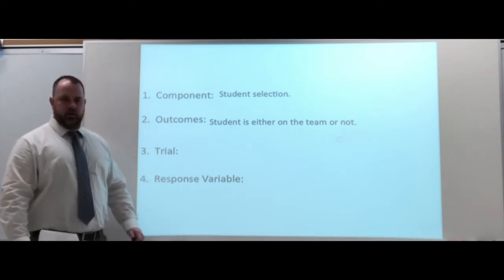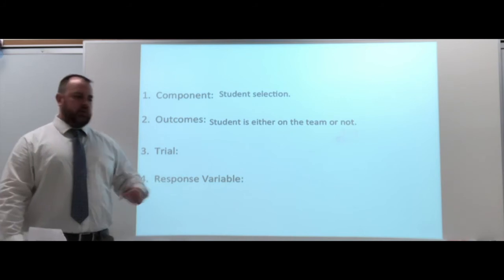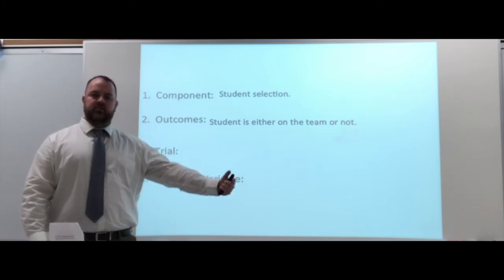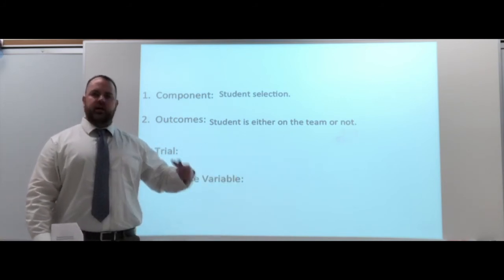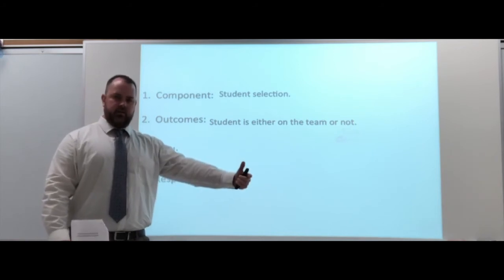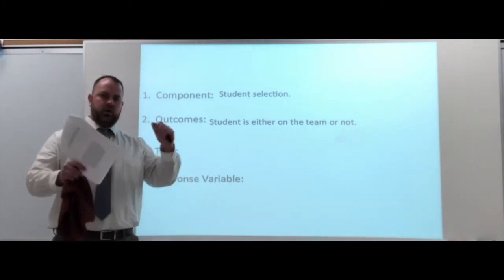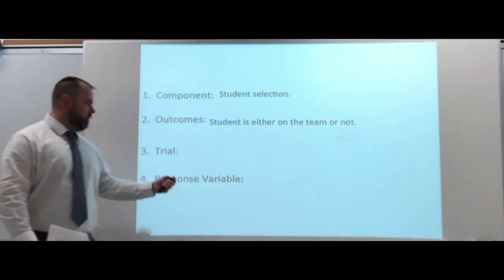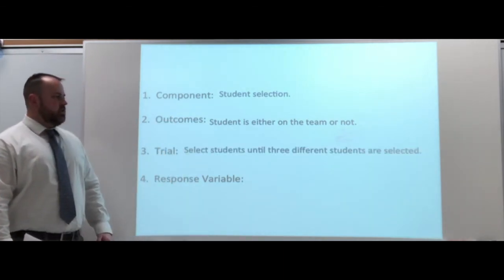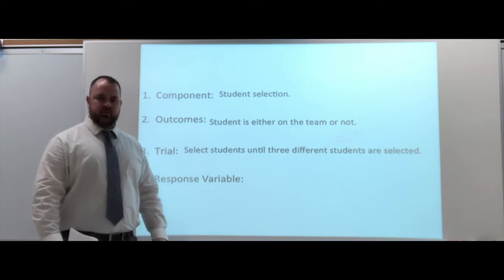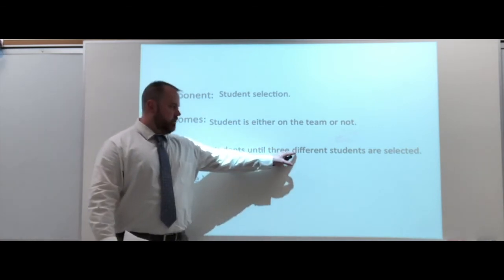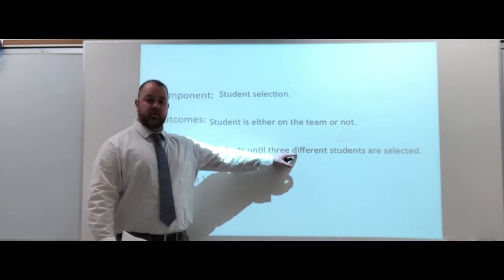The trial. Okay, the last basketball example, we called up numbers until something happened. So we were taking shot after shot after shot, and then the basketball player missed one. In this case, we have a set number. We know that dorm room has 3 people. Select students until 3 different students are selected. Notice I made sure we said the different students here.